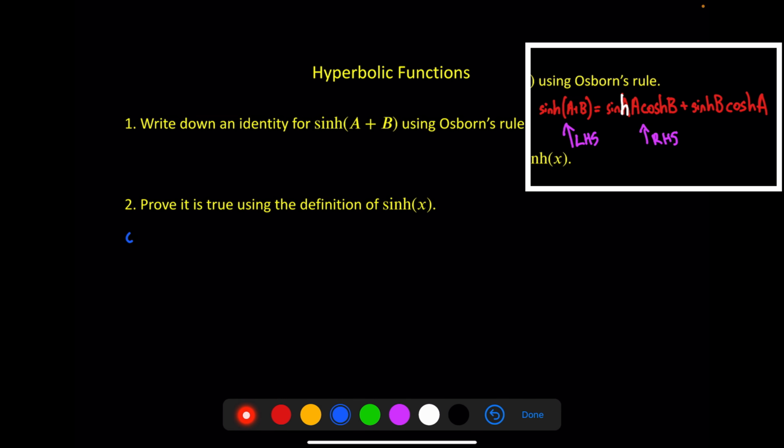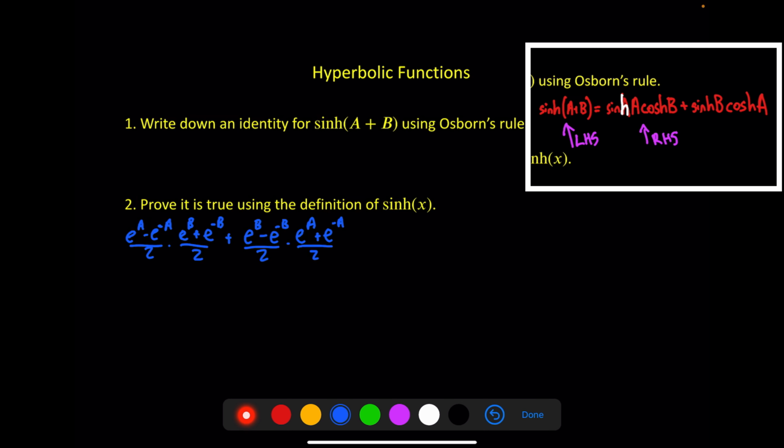So we've got (e to the A minus e to the minus A)/2 times (e to the B plus e to the minus B)/2, plus (e to the B minus e to the minus B)/2 times (e to the A plus e to the minus A)/2.